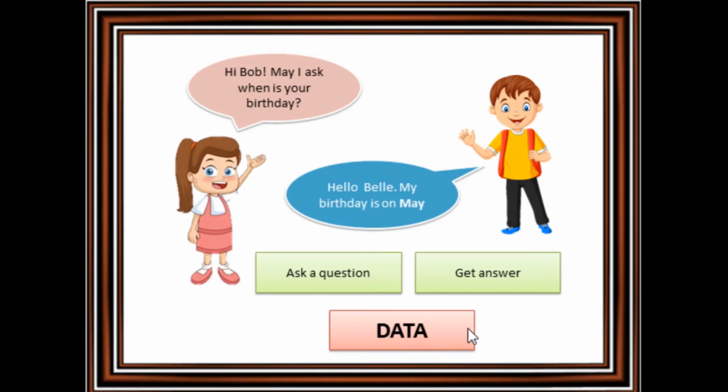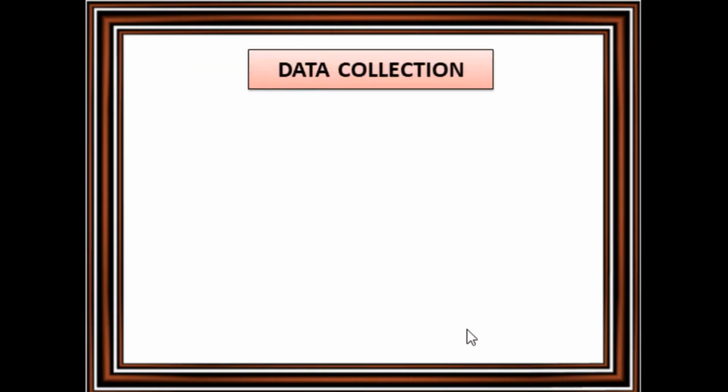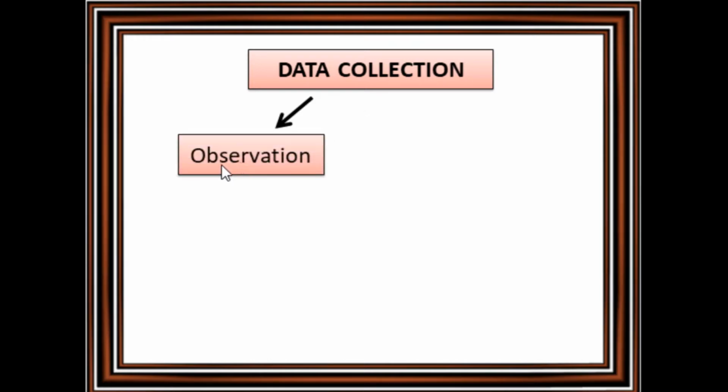Okay, from that data collection, we have specified 3 ways to get data. First is through observation, which is through the use of our eyes.